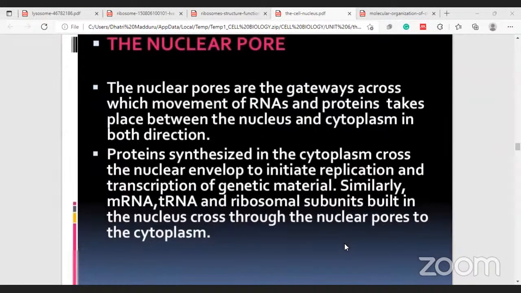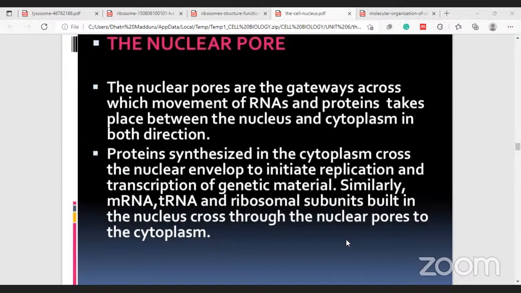Then the nuclear pores are for the movement of RNAs and proteins. Everything which takes place inside has to go out to the cytoplasm, and from the cytoplasm to the nucleus. That transport of RNAs and proteins is done by the nuclear pores. Proteins synthesized in the cytoplasm cross the nuclear envelope to initiate replication.